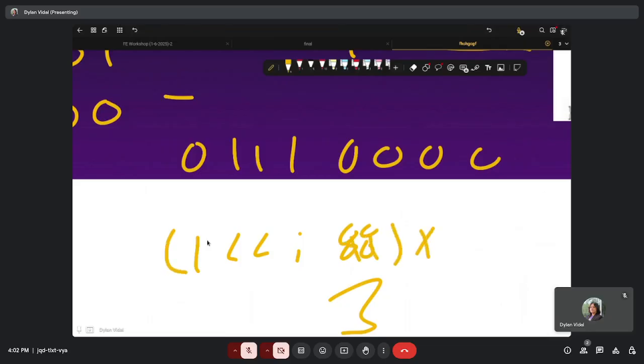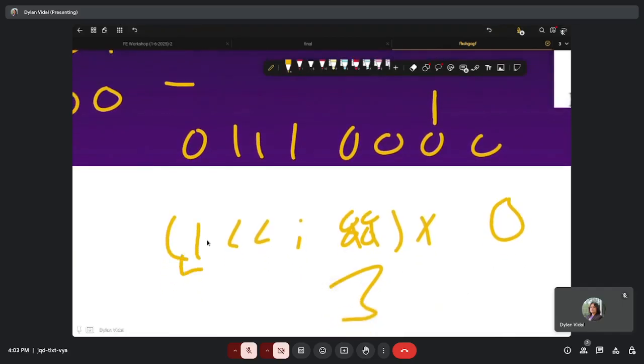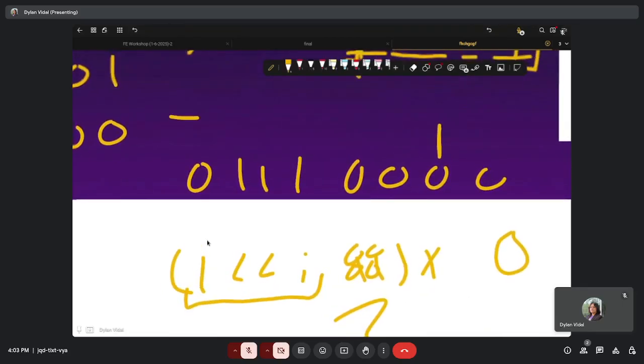Imagine that our 1 exists right here, and we're at index 0. This is going to return 0, because 1 AND 0 is 0. So then we increment i to 1, which means now 1 shifted to the left by i puts the 1 here. And so with each iteration, we're moving 1 to a different spot and checking. Do you see how that logic works for checking if the bit's on?